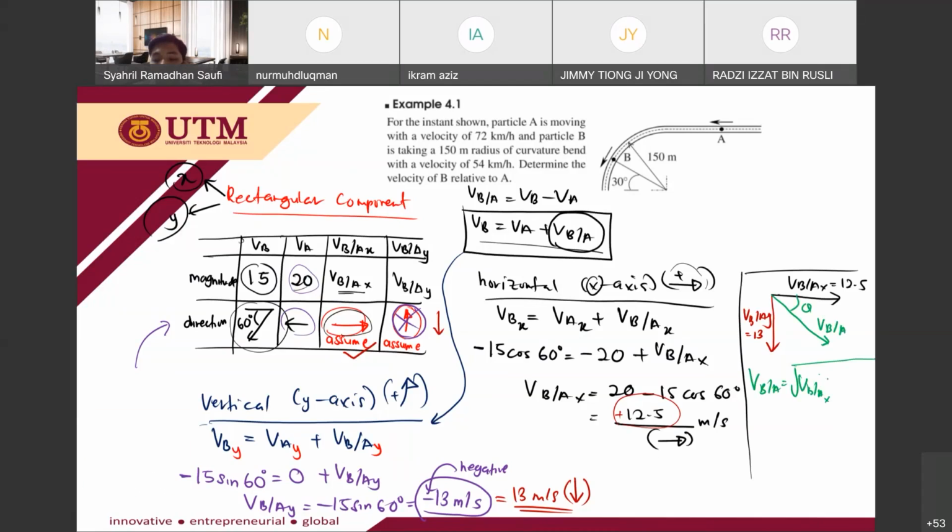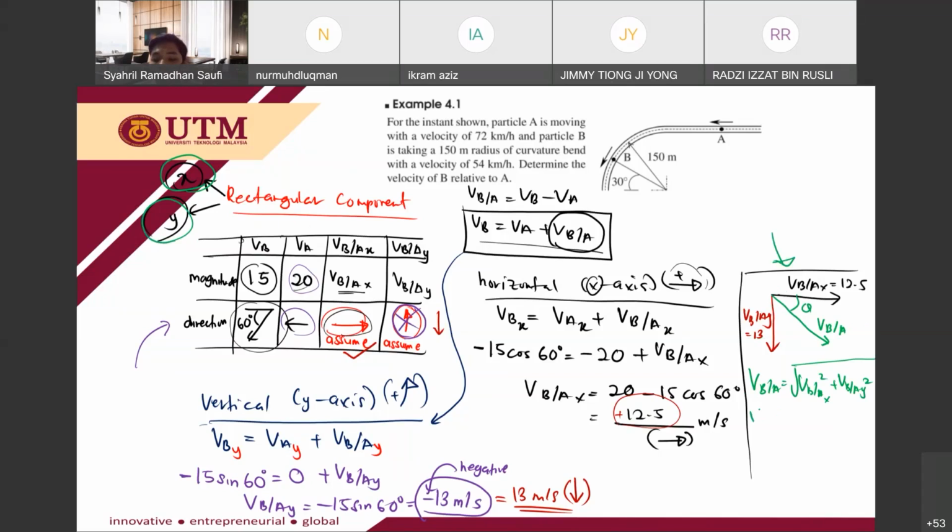So VBA is equal to the square root of VBAX squared plus VBAY squared. This is the usual, common step for rectangular components. You find the vector along x and the vector along y, and then you use this analysis to calculate the total magnitude and also the direction.